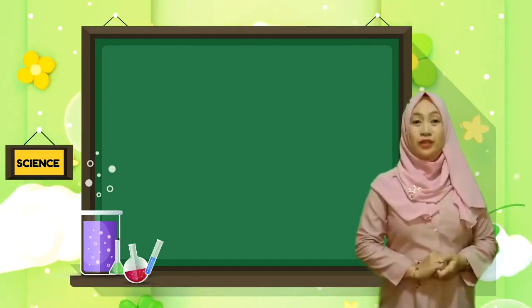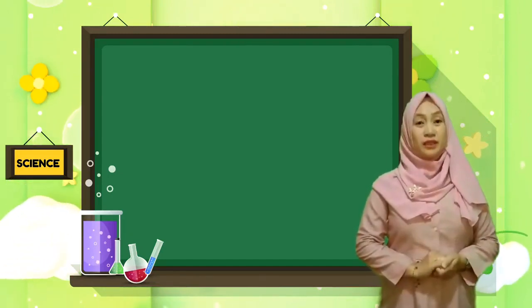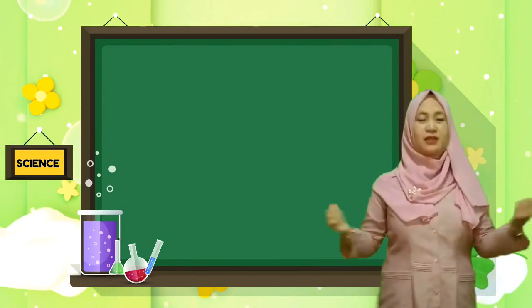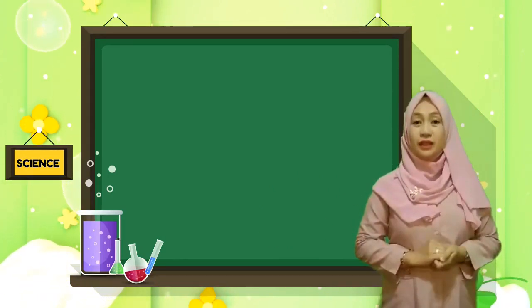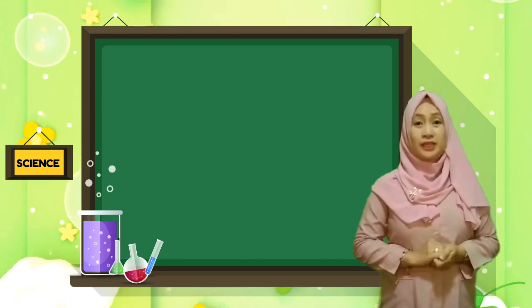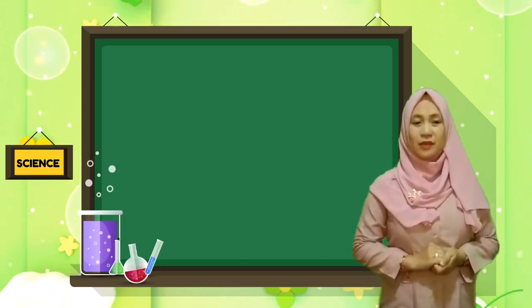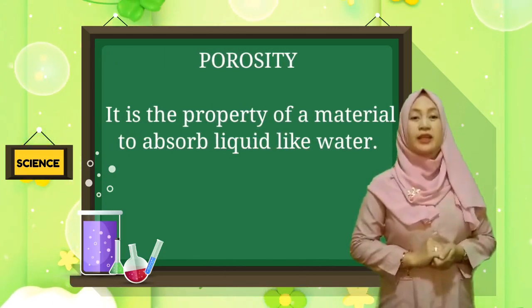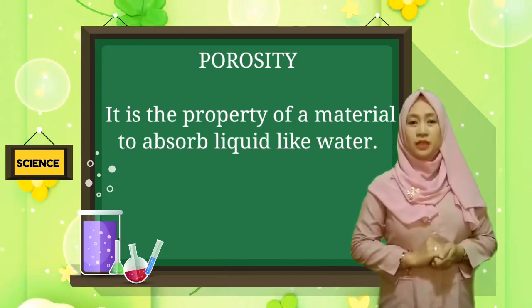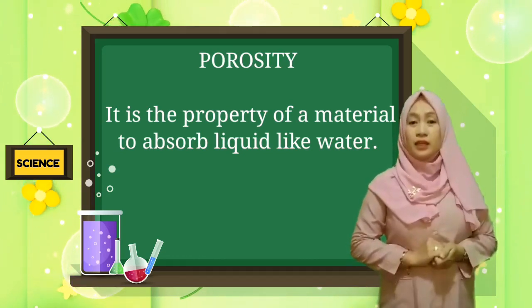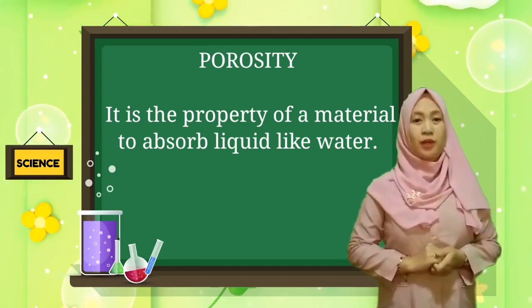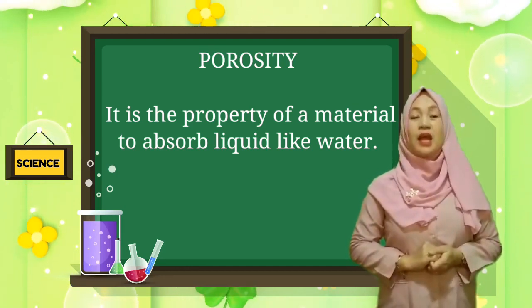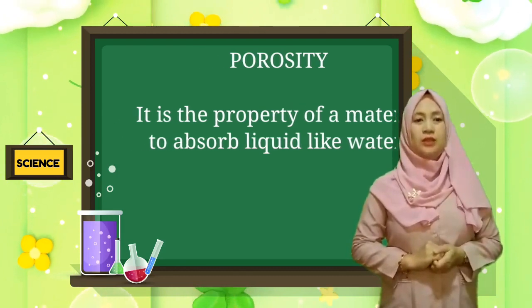We are surrounded with all kinds of materials in our environment. Today, we learned that different kinds of materials have their own properties like porosity. Porosity is the special property of a material to absorb liquid like water. Cloth has the special property of porosity. It absorbs liquid.